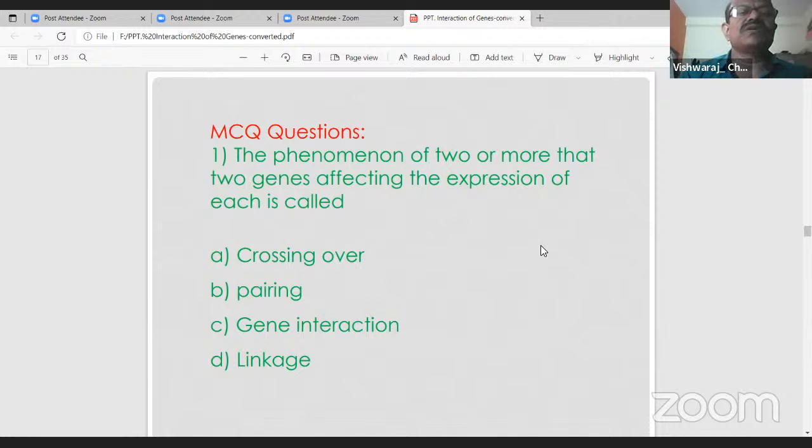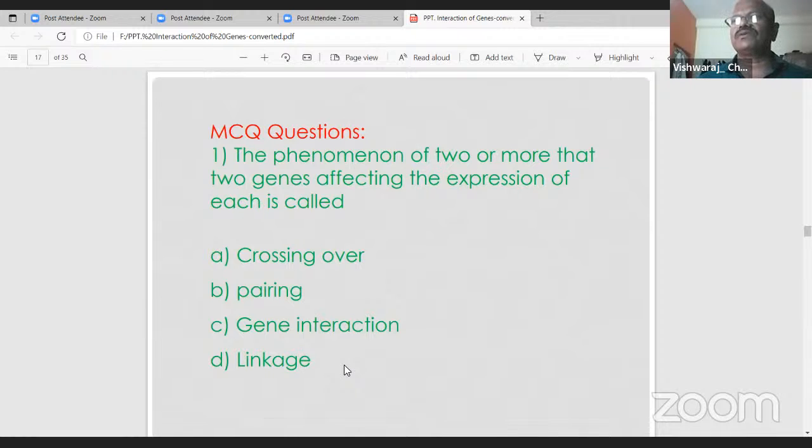My first question: the phenomenon of two or more genes affecting the expression of each other's traits is called: option A, crossing over; B, pairing; C, gene interaction; and D, linkage. Who can tell me the answer?